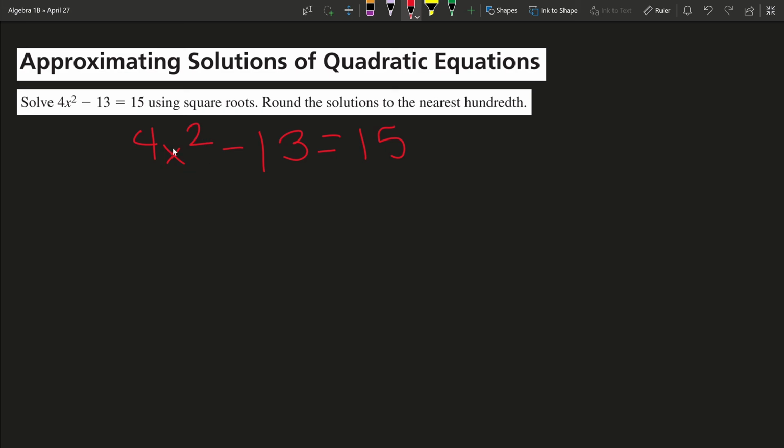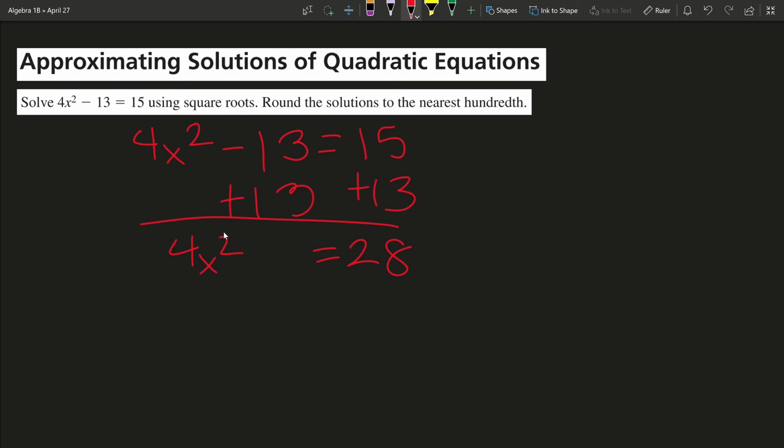How can we isolate this x squared? That's what we need to do. We need to isolate x squared. So the first thing we're going to do is get rid of this 13. Add 13 on both sides. So we're then left with 4x squared is equal to 28.